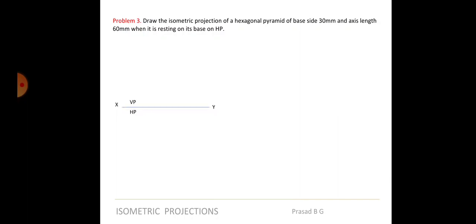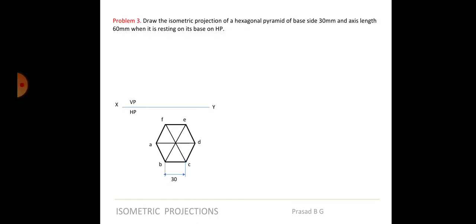Okay, so what you have to do is first draw the top view. So it's a hexagon of side 30 mm. Okay, so first you have to draw the hexagon, and then it's a pyramid, right? So you will have to join all the corners to the center point. You have to find the center point of this. Okay, so this is what I told you.